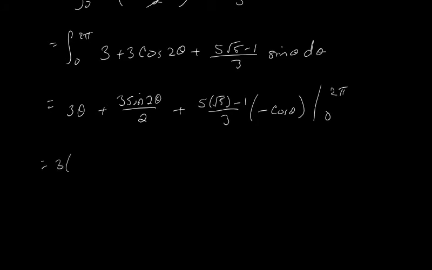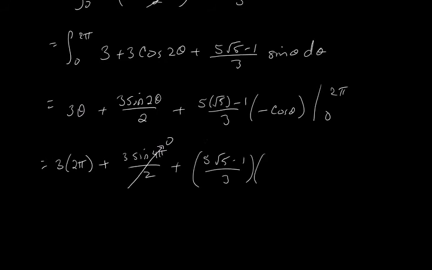We get 3 times 2 pi plus 3 sine of 4 pi over 2, which is 0, plus 5 root 5 minus 1 over 3 times negative cosine of 2 pi.